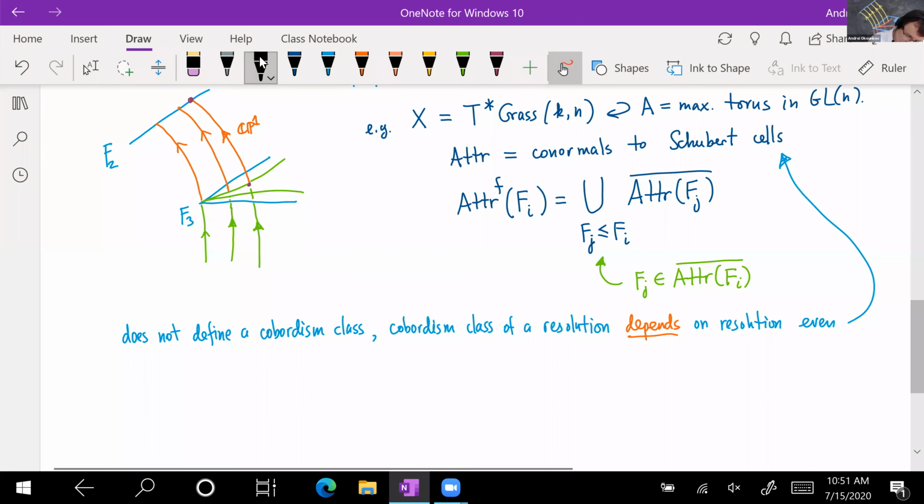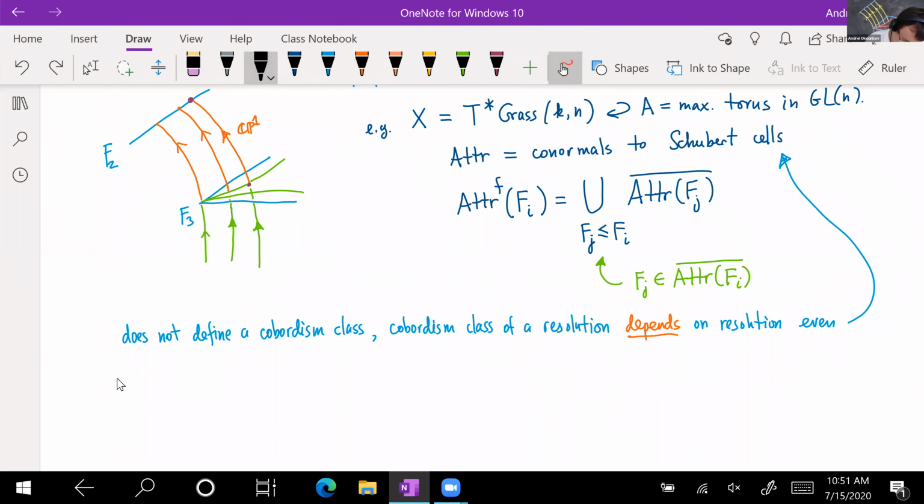So our goal, we remember at some point I motivated why the elliptic homology is important to us. So let's take that for granted and just say that we don't want a cobordism class.